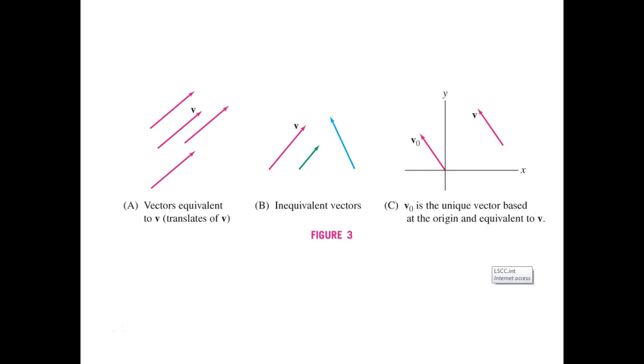Okay? And it's the one and only. For any vector anywhere in the plane or in space, its v0 would be with its initial endpoint at the origin.